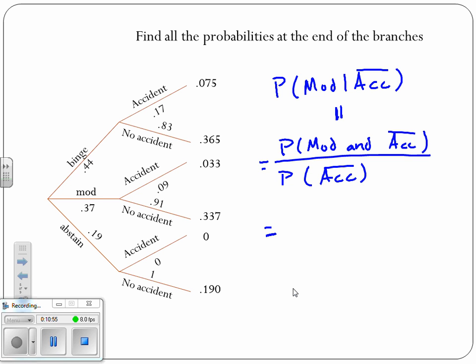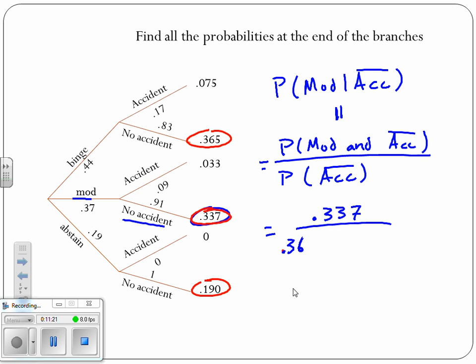The probability of moderate and no accident is basically 33.7% of students who are moderate drinkers that haven't caused an accident. And then for no accident, there are actually three ways to not have an accident. You could either be a binge drinker and not have an accident, a moderate drinker and not have an accident, or you could abstain and not have an accident.